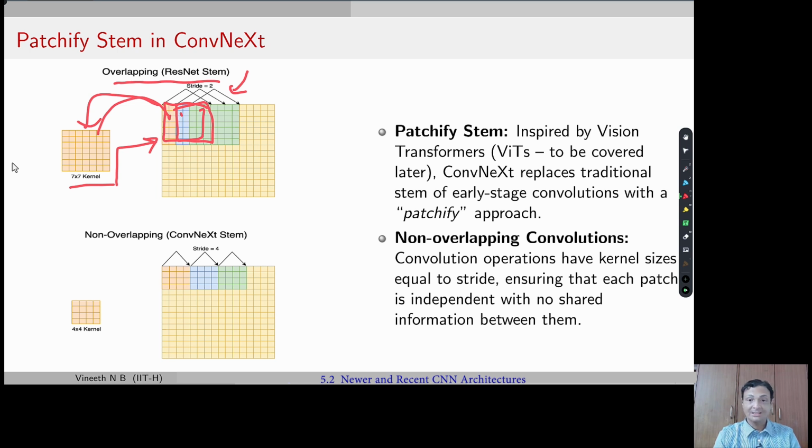What ConvNeXt does is to remove this overlap by choosing a stride of 4 with a 4x4 kernel, which means the overlapping convolutional image regions now become non-overlapping patches, which resembles tokens in transformers. They in fact show that just this change in the architecture improves performance of ResNets by 1%.